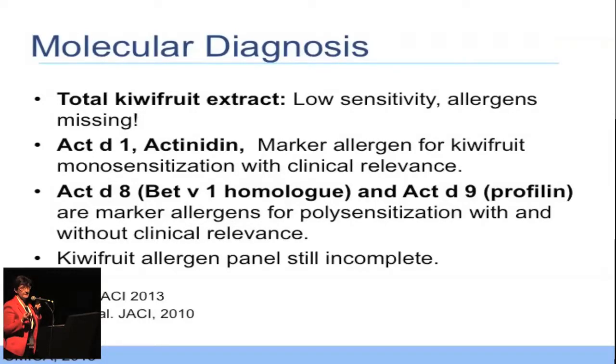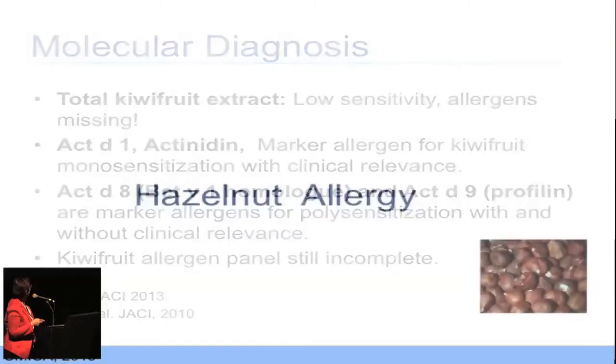And patients sensitized or reactive to Act d 1 within the green kiwi fruit can sometimes tolerate the gold kiwi fruit. So it's not only a message of the proteins that are expressed, it's also a message of the quantity of the proteins that are in these foods.